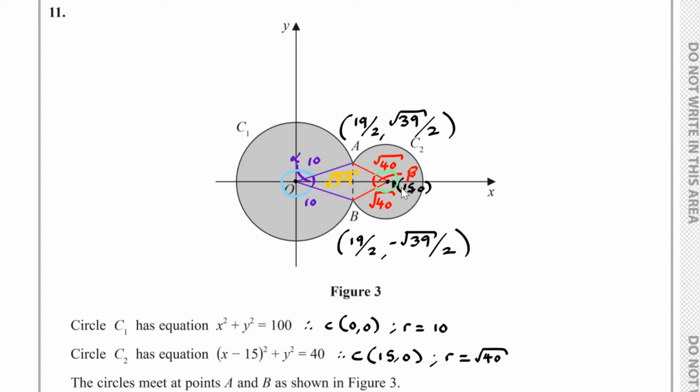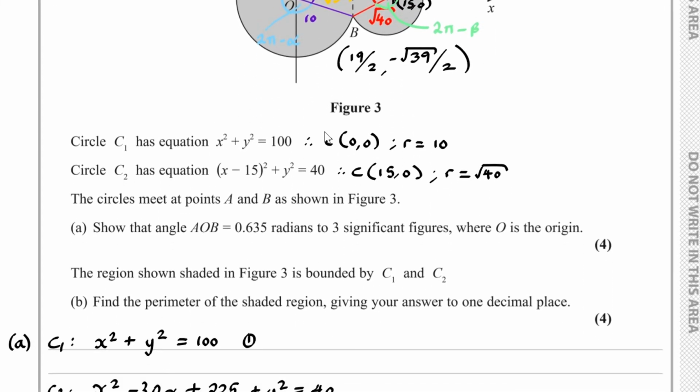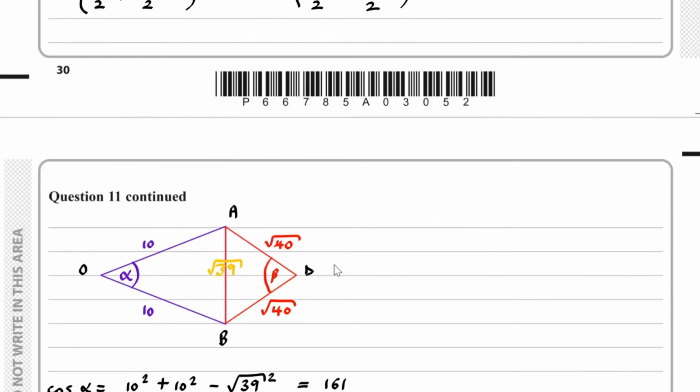So this angle is going to equal 2 pi minus beta, and this angle is going to equal 2 pi minus alpha. And then with that we can find out the arc length.